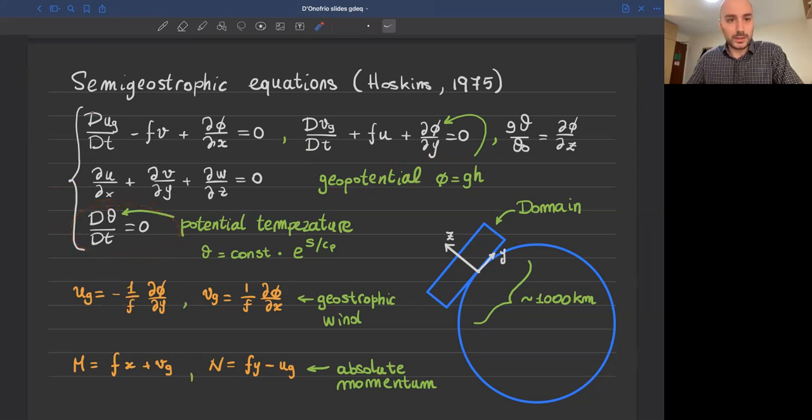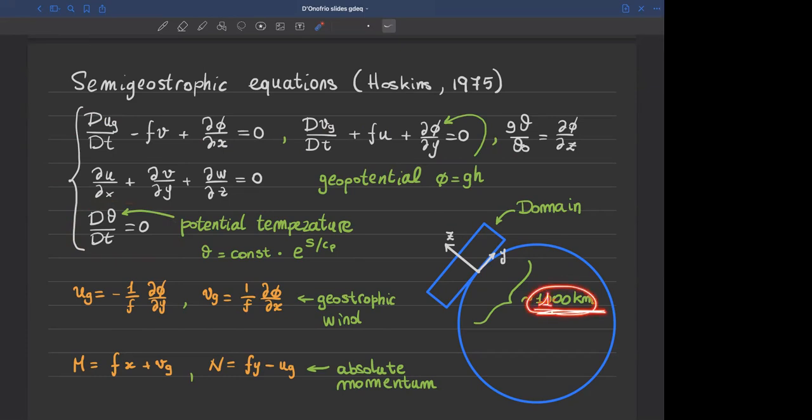Now, of course, there are several important differences with the Euler equations, because this system is intended to model large-scale atmospheric and oceanic flows. And when I speak about large scale, I really mean that the horizontal length scale is of about... I'm sorry, D big is my material derivative, total derivative.